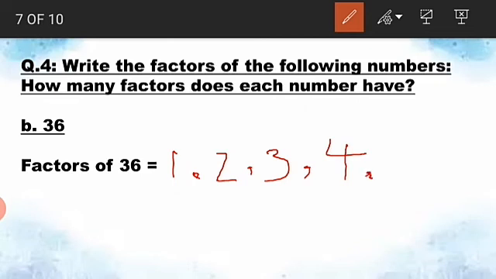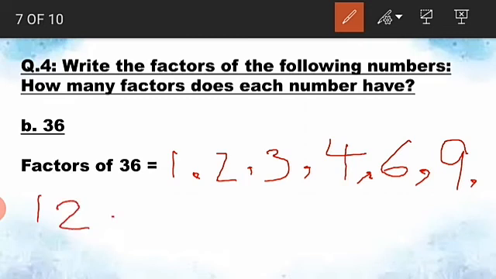Now class, after 4 we have 6, then 9, then 12, then 18, and then 36.